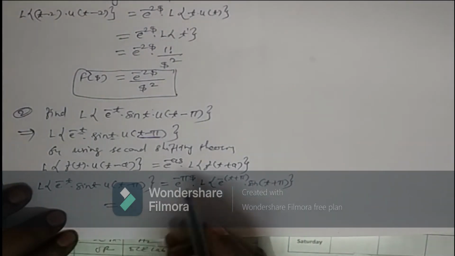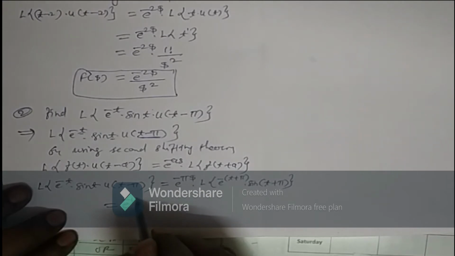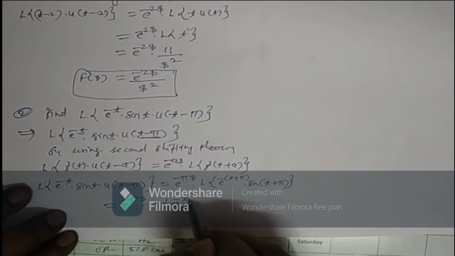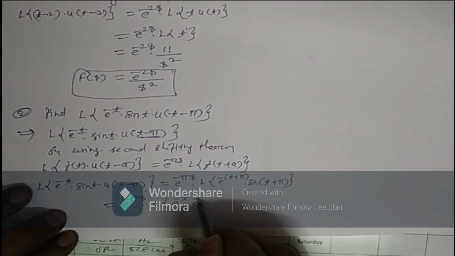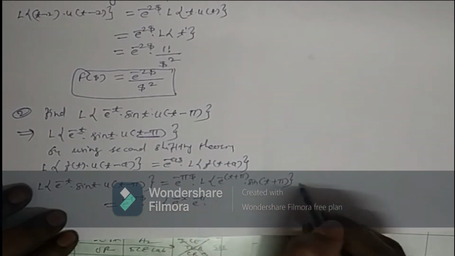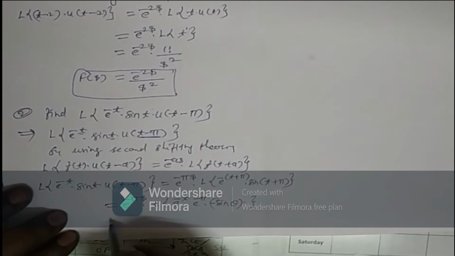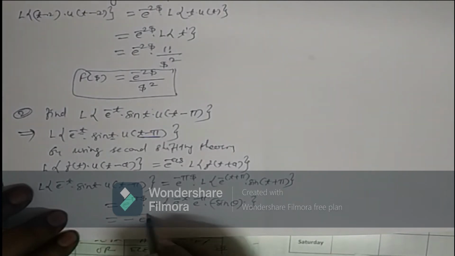Now this can be written as again e raised to minus pi s into Laplace transform of e raised to minus t into e raised to minus pi. What is sin of pi plus theta? That is minus sin theta, and that is equal to minus e raised to minus pi s.